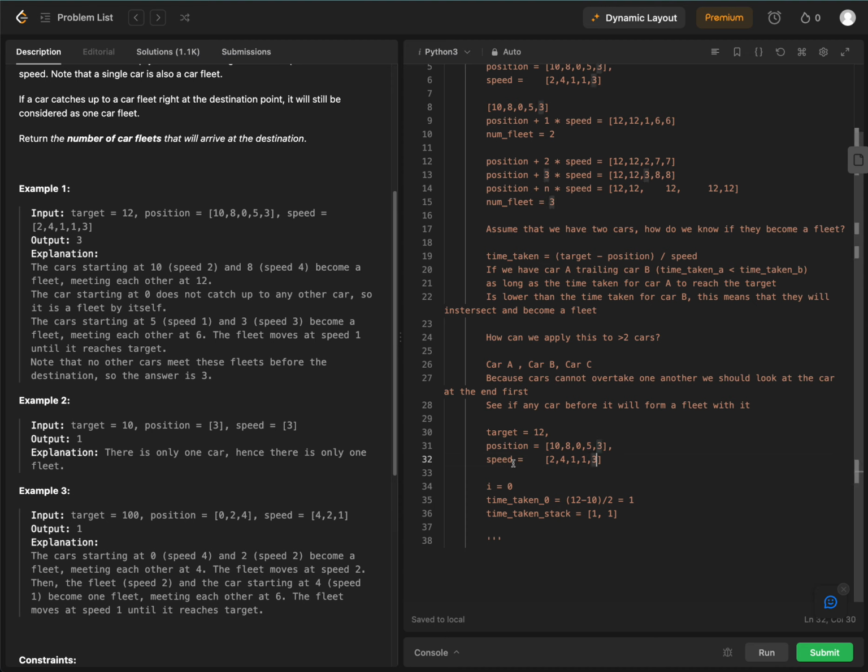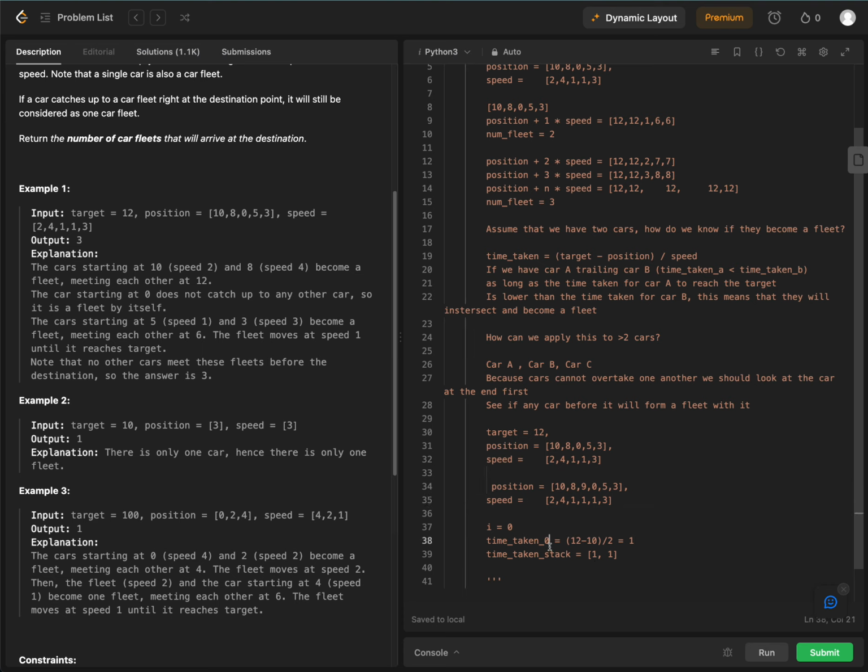However, let's say I think I got it. Let's say 10, 4, 8, 1, and here there was a car at 9. If there was a car at 9 traveling at a speed of 1, then we have a problem. What's the problem here is that if we have 10, 8, 9, and 2, 4, 1, this will not happen.